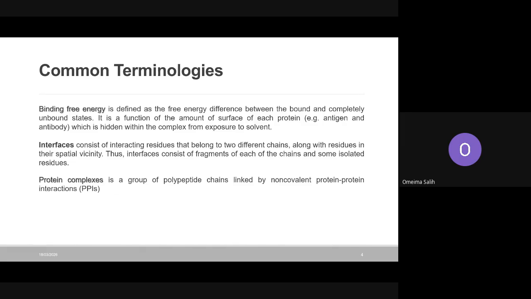These are all considered non-covalent. So usually these protein-protein interactions are due to this non-covalent bonding.